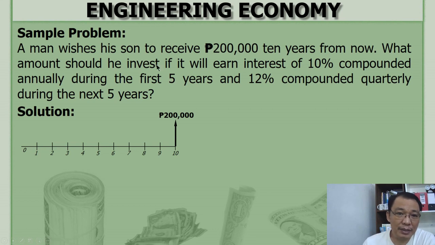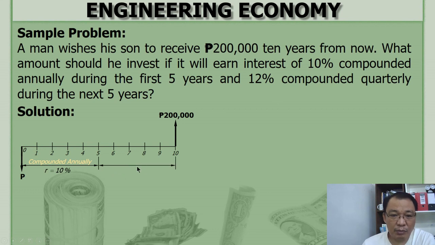Although the word now is not stated, you invest. This one is P. What should be the value of P so that we get 200,000 pesos after 10 years, with 10% compounded annually for the first 5 years, and then 12% compounded quarterly for the next 5 years.